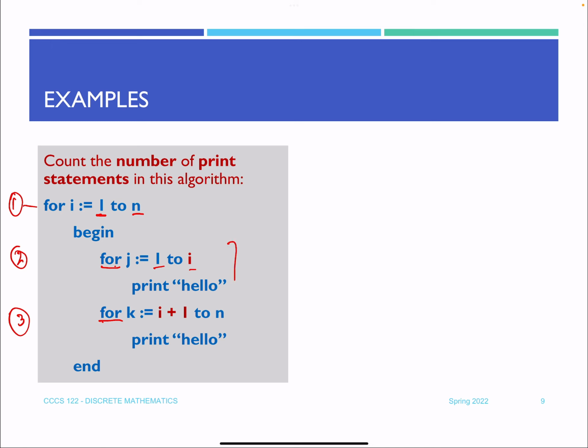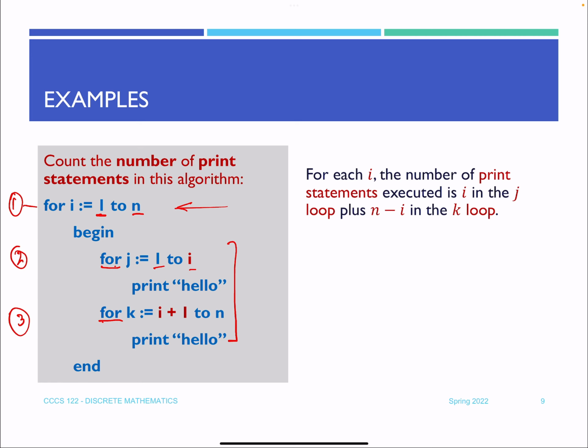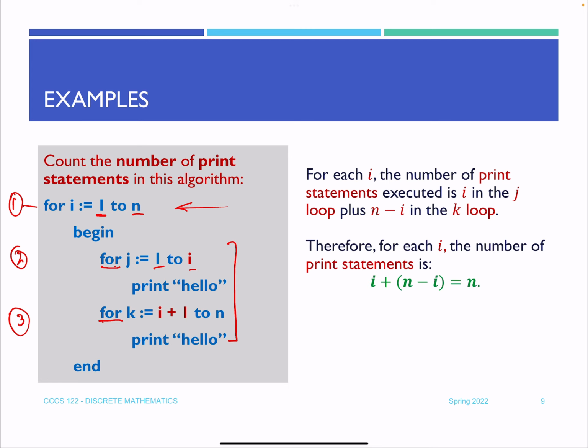So how many times is hello printed out in one iteration of loop number 1? Inside each iteration of the outer for loop, hello is printed out i times by loop number 2, and n minus i times by loop number 3.